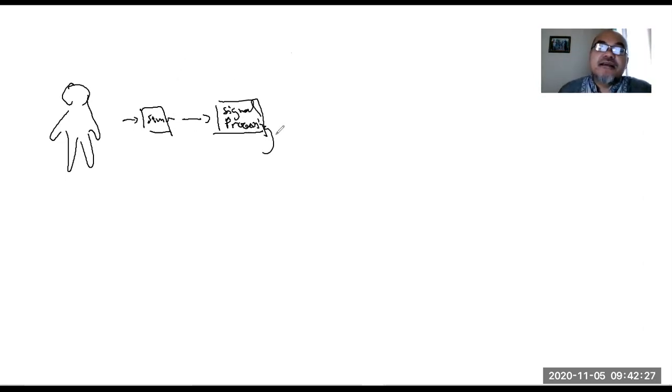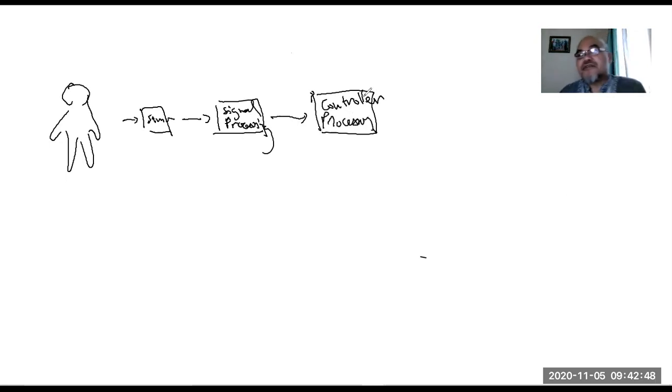From here, you transfer that signal into a controller or processor. In the old era, maybe that controller or processor was in the form of a mechanical machine, and after that analog computer, or analog electronics.